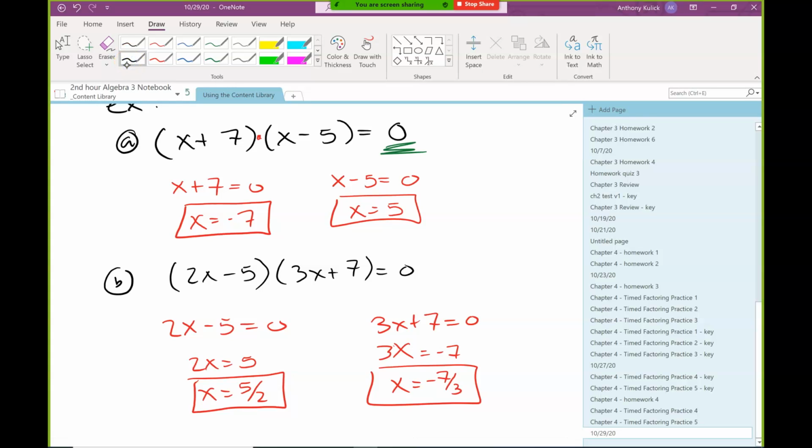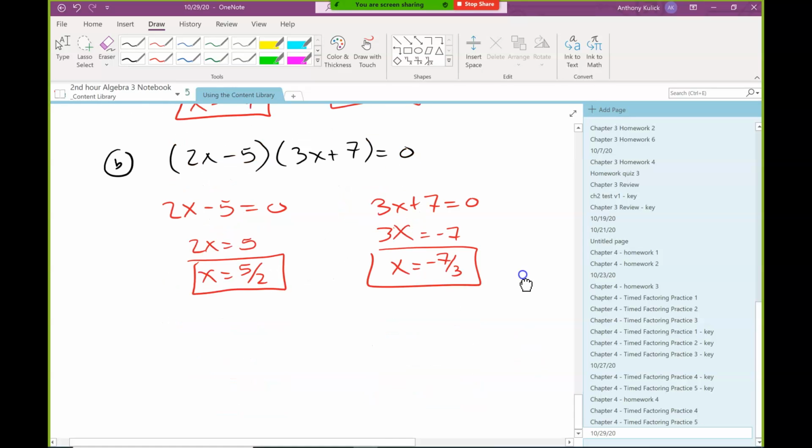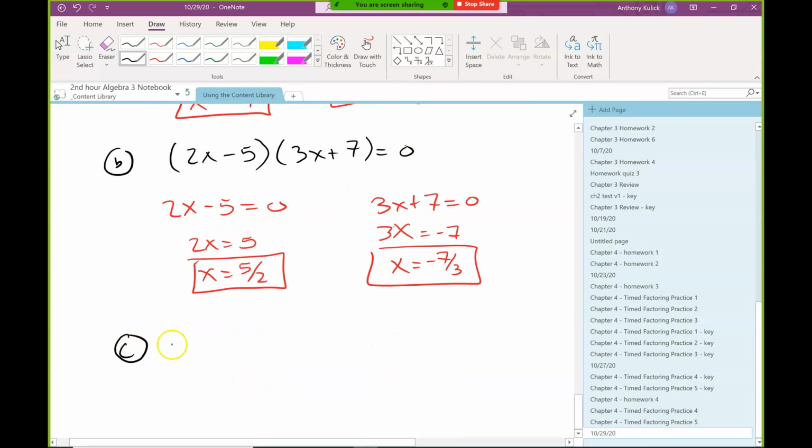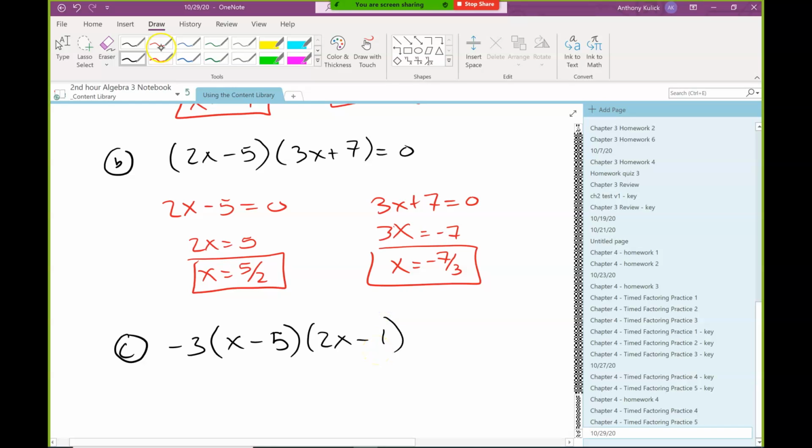Feel okay here? All right, let's look at another one. So we'll just keep changing a little bit here and there. So how many things do I have multiplied together now?